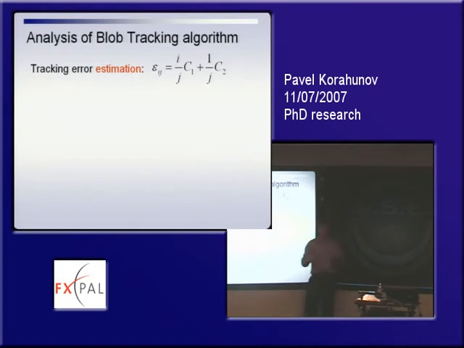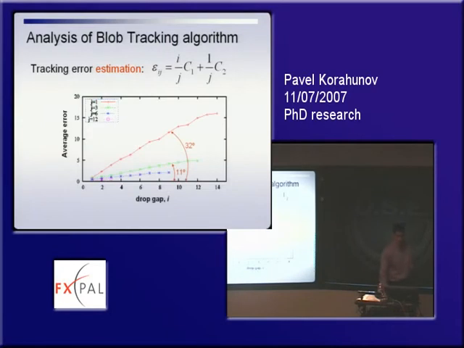C1 and C2 are constants, though not really constants: they are parameters which depend on the speed of the object and how fast the width of the object is growing in the original video.